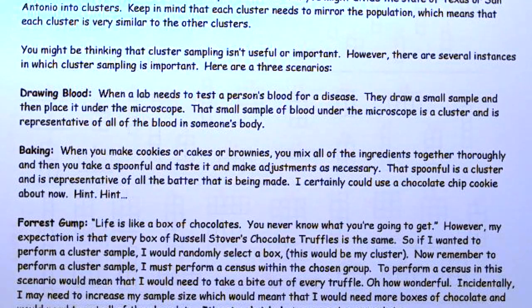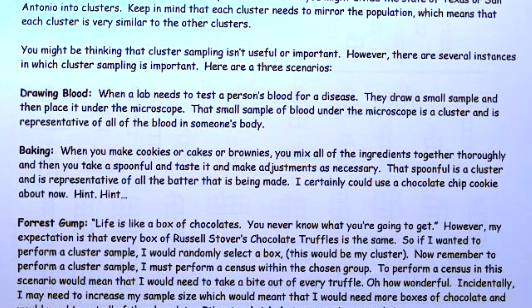In fact, you use it at home whenever you bake something. If you're making soup, you stir it up and take one spoonful, and it represents the whole pot. On the other hand, with chocolate chip cookies or brownies, when you taste the batter, what you're tasting represents the entire batch.